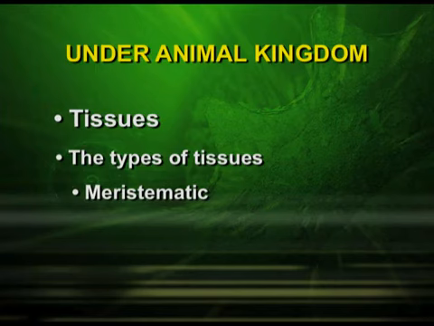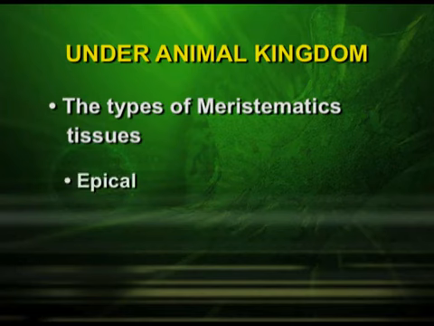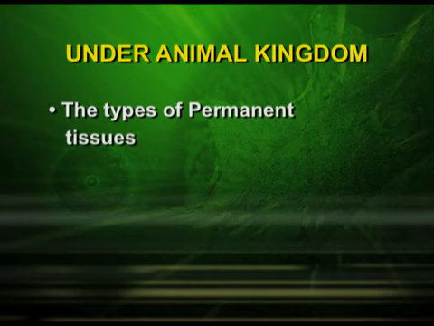Let us have a quick look at the portion we studied in this chapter. Tissues, the types of tissues, meristematic and permanent. The types of meristematic tissues, apical, intercalary, lateral. The permanent tissues, which are of two types, simple and complex.